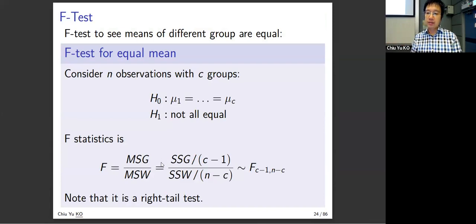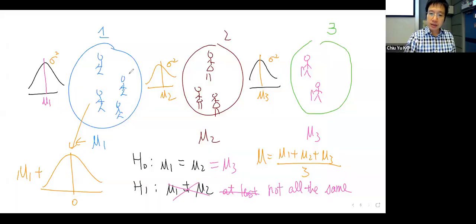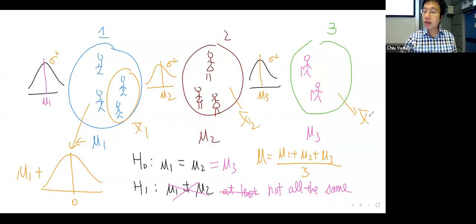MSG is looking at the difference between the means of different groups. I look at the sample means, right? So what I'm doing is very simple. Basically I look at the sample I got, sample means X bar 1, X bar 2, and X bar 3. Okay.